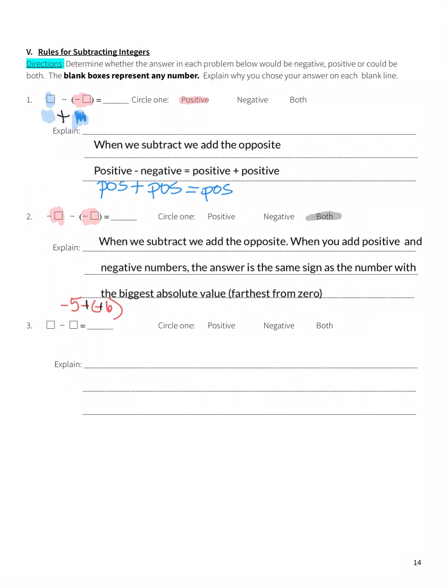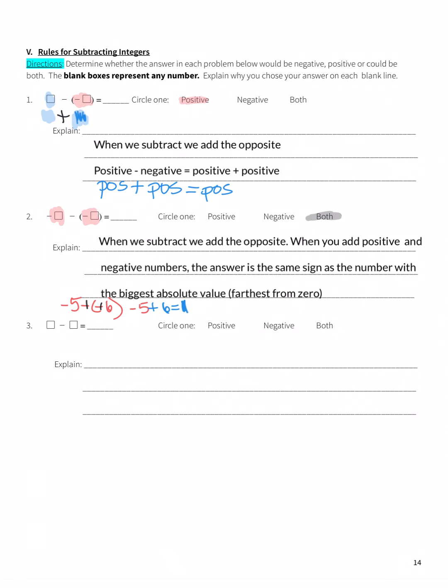So we have -5 plus 6, and that is equal to +1. And when we think about this rule, 6 has a bigger absolute value. It's farthest from zero, so that's why our sign is a positive. Our answer is a positive.